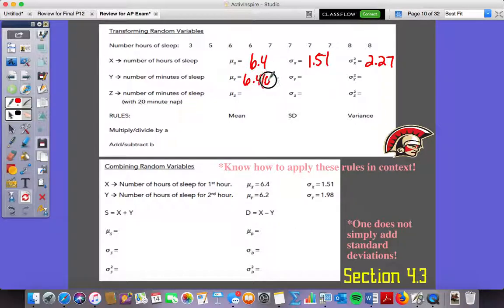If I change it, the standard deviation, can I multiply by 60? Yes. For the variance, though, you're going to have to take whatever this is, 90.6, and square the standard deviation to get to my variance. Okay?